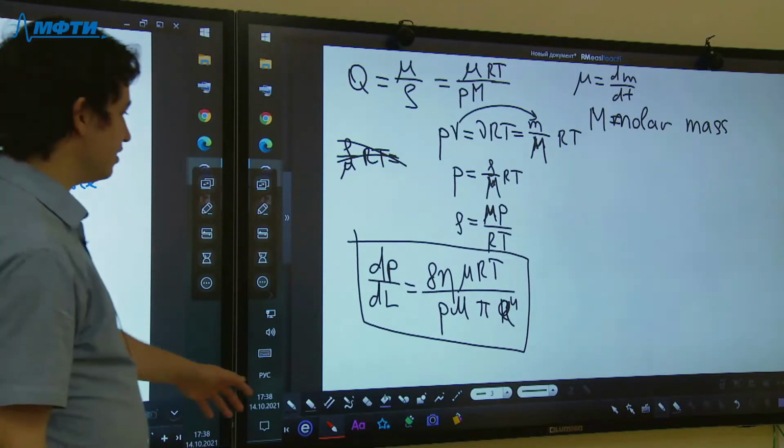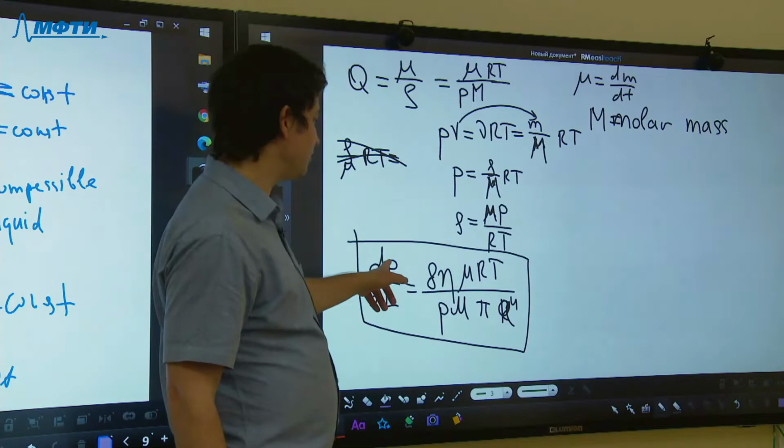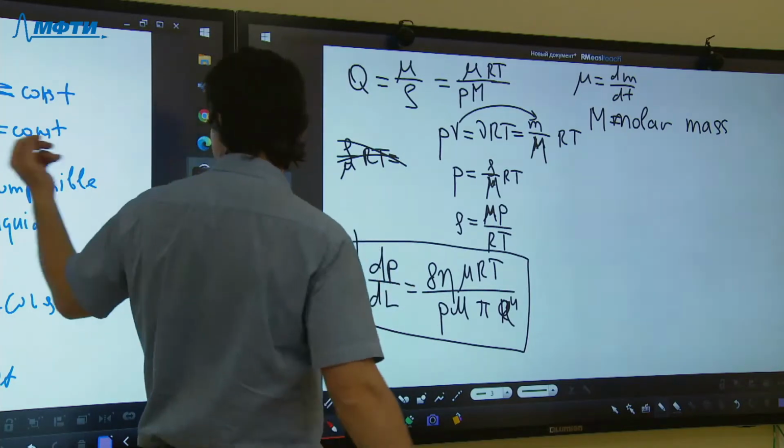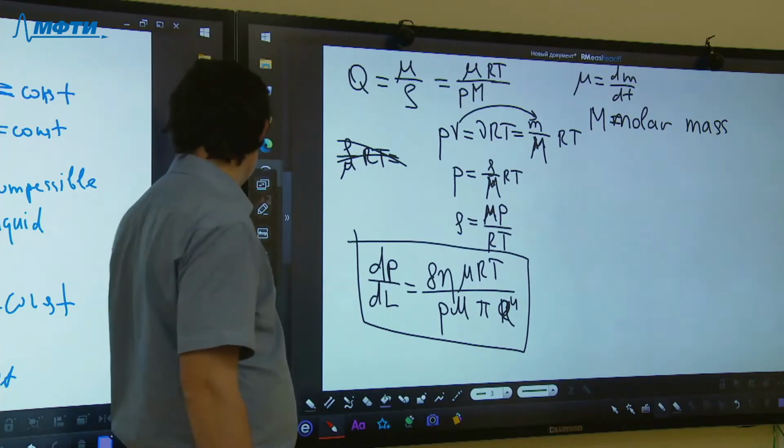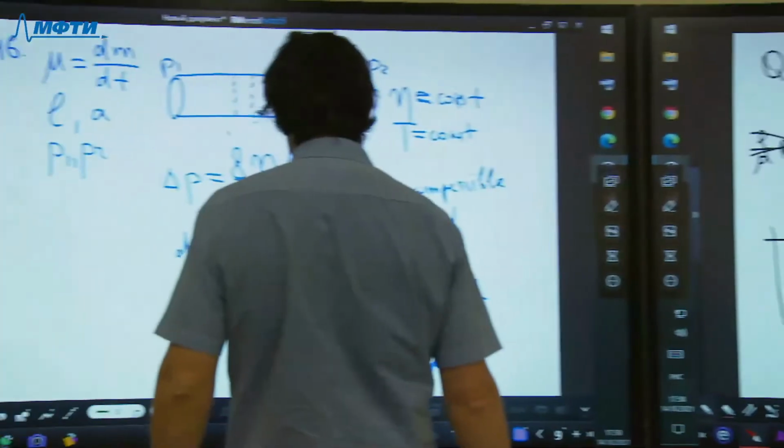So this is the equation which describes the pressure distribution along the pipe. And I can solve this equation by the variable separation method.